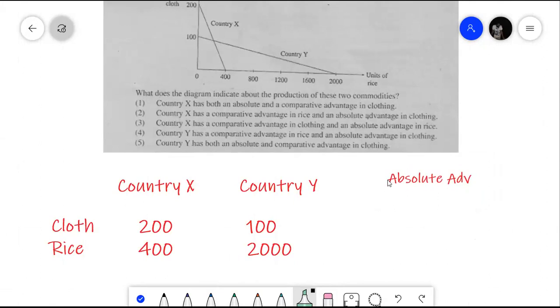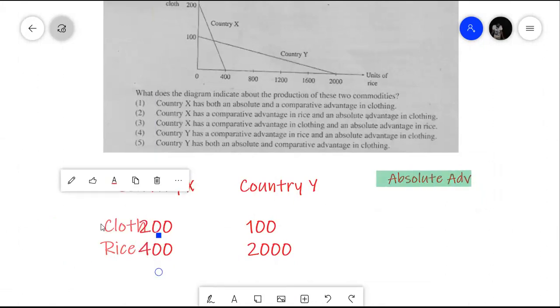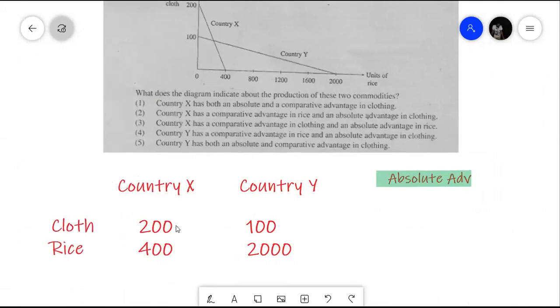Take cloth: who can produce more cloth? Country X produces 200, country Y produces 100. So who has the absolute advantage, or in other words, who produces more efficiently? It's country X.